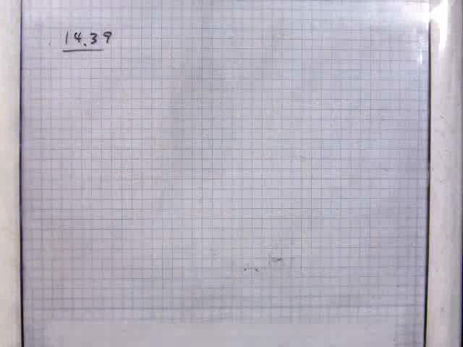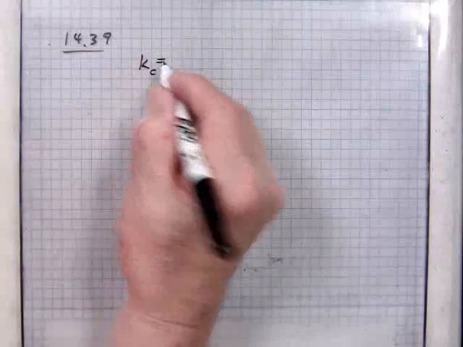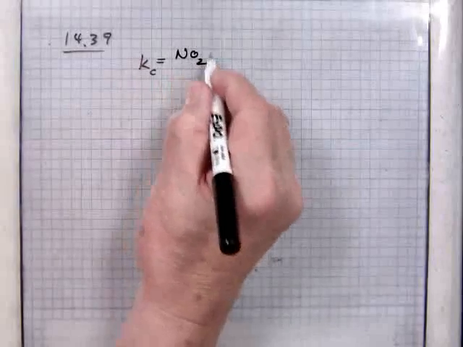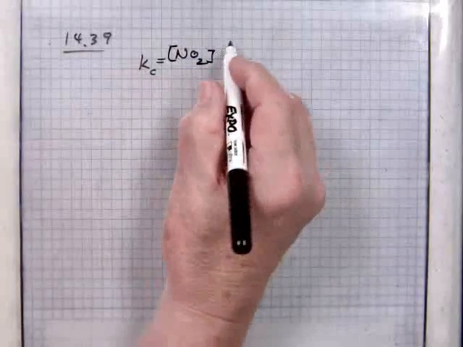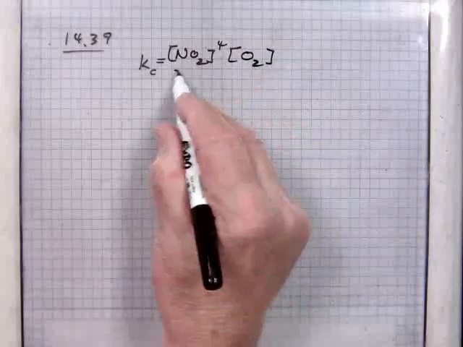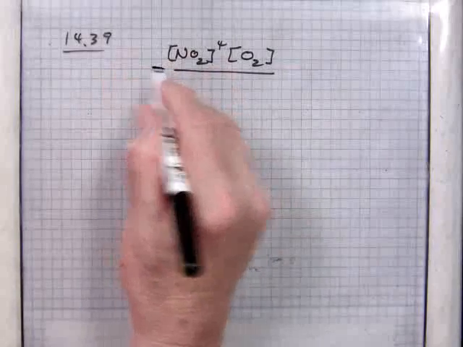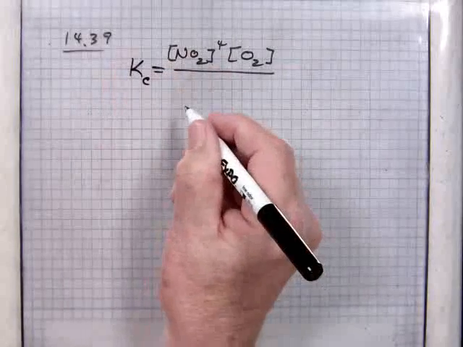It says the equilibrium constant expression is given as Kc equals NO2 to the 4th power and O2 to the 1st power, divided by N2O5.